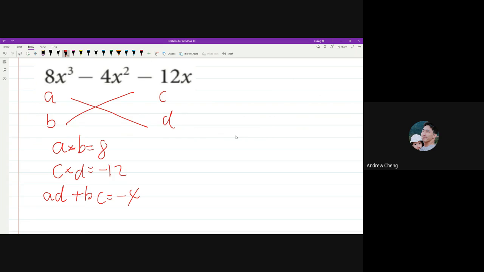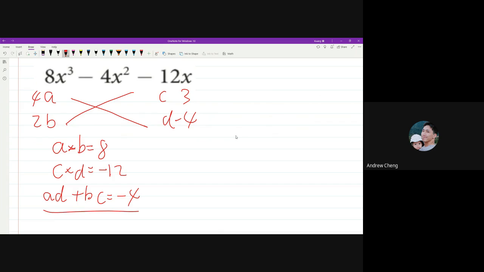What options do we have? For AB, we can say 1, 8, 4, 2, right? And CD, that's 1, 12, 2, 6, 4, 3. So you have to find the combination, and be careful, that's negative, right? So I will use 4, 2 first, and then 3, 4, maybe negative here.